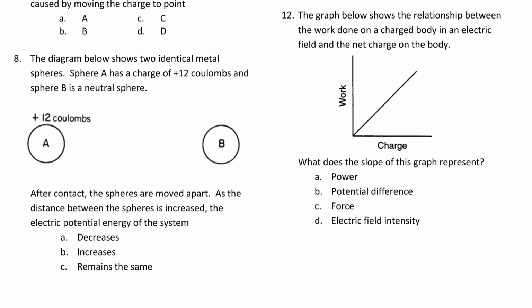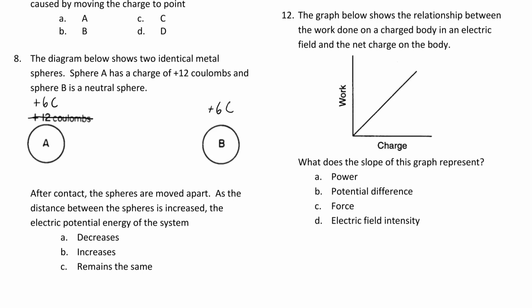So the total charge here, this is 0 coulombs, so it's not even positive, it's just 0 coulombs. The total charge is 12 coulombs. The spheres come together, share that charge equally, and then separate. So now you have positive 6 coulombs on each sphere. Since they're both positive, they're repelling each other.